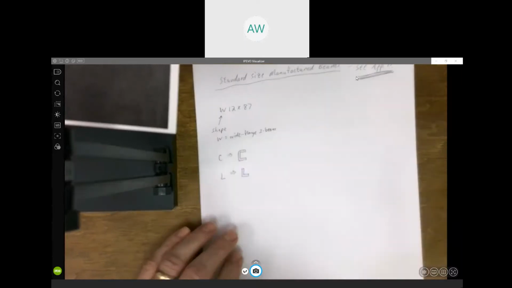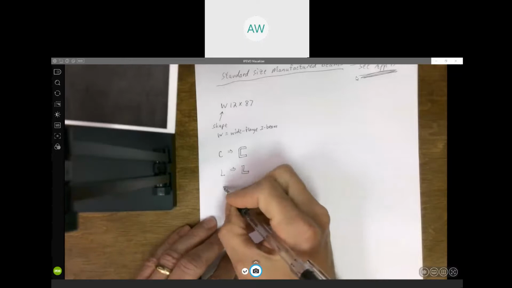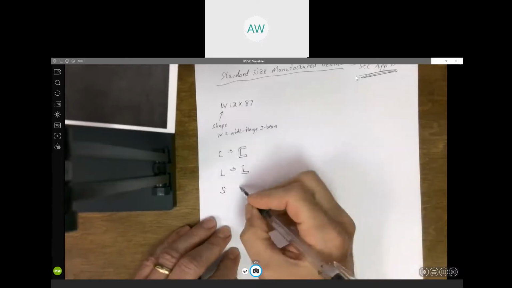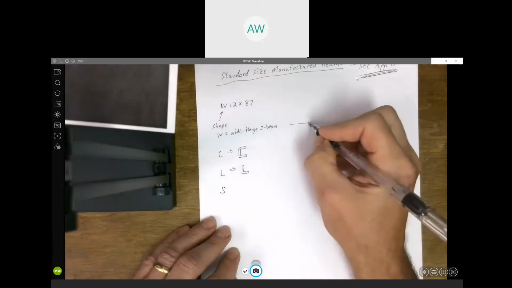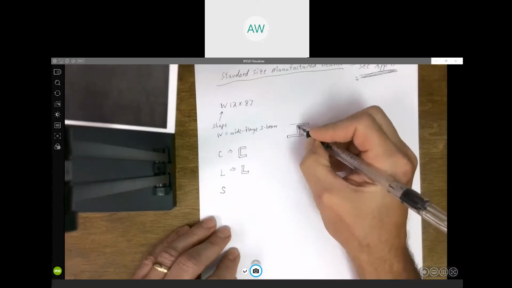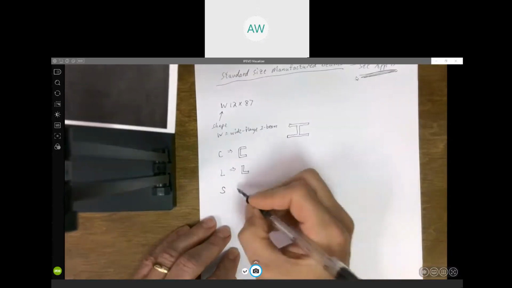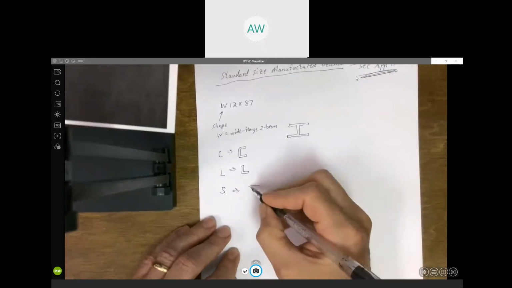Now, one that's not in the back of your book that's fairly common is the S-shape. It's an I-beam, but rather than a wide flange, where you're thinking about a shape like this, in an S-shaped I-beam the flanges are shorter and thicker.